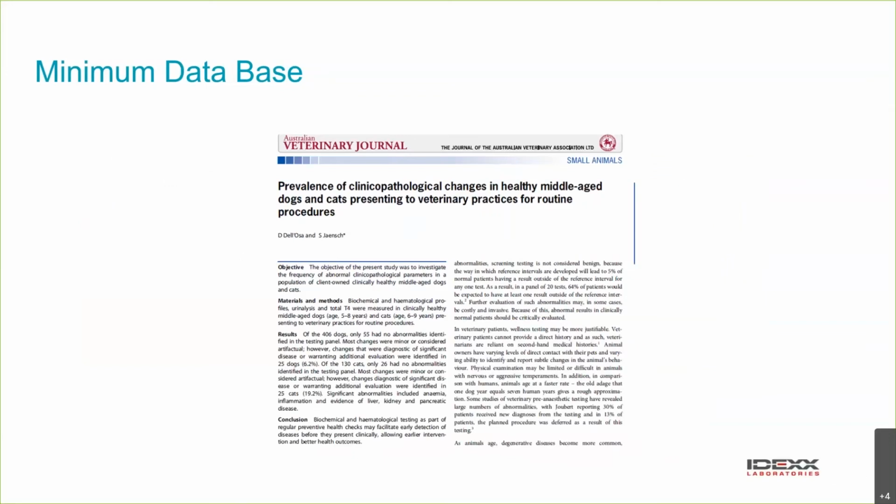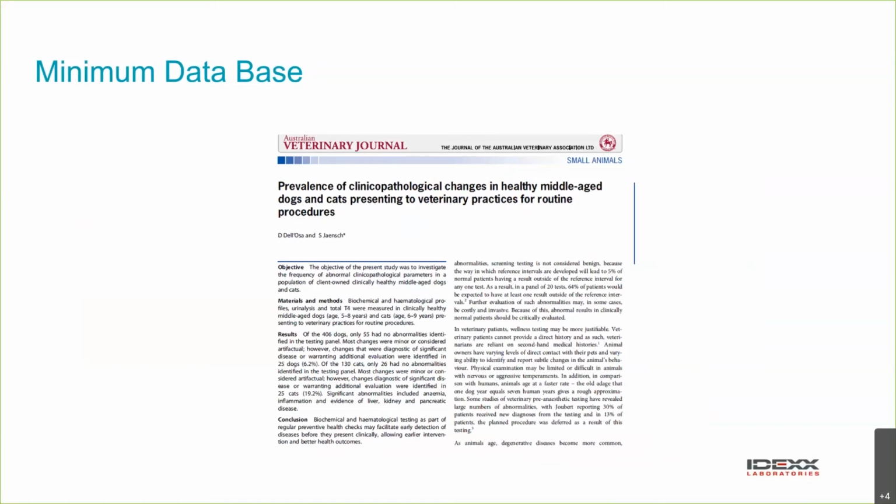Just really briefly touching on, we've talked about the minimum database with sick patients over the last couple of weeks. But keep in mind, preventive care testing with a minimum database can give us useful information. This study was published in the AVJ in 2016. It looked at 406 dogs and 125 cats that were well on history and well on physical exam, and they had CBC, chemistry and urine, where it was collected, done. 6.2% of the dogs and 19.2% of the cats had significant changes on the CBC and chemistry that would warrant further investigation.